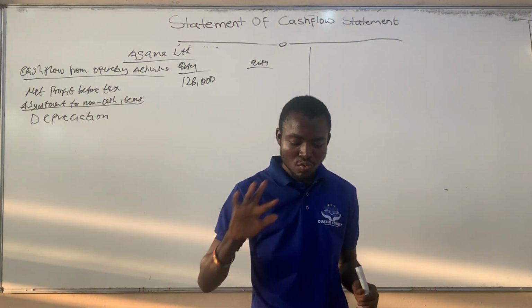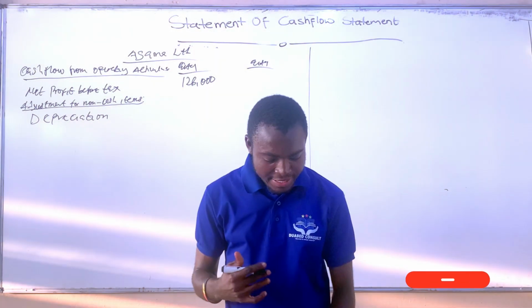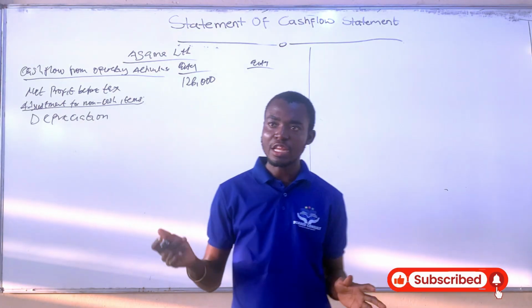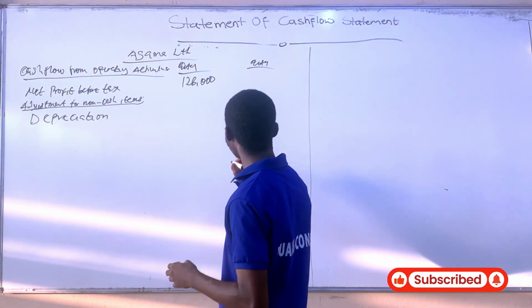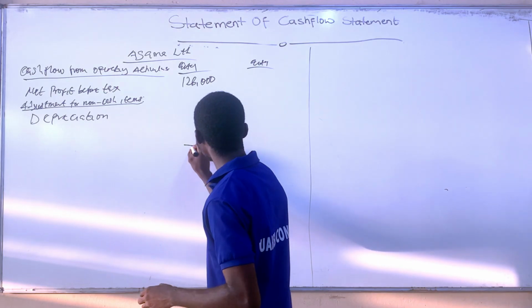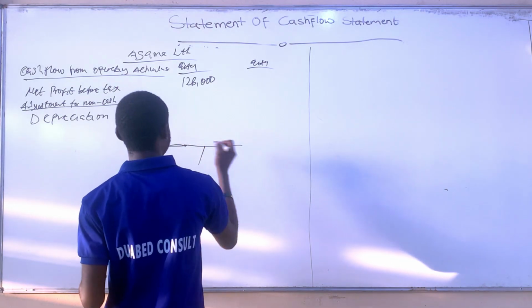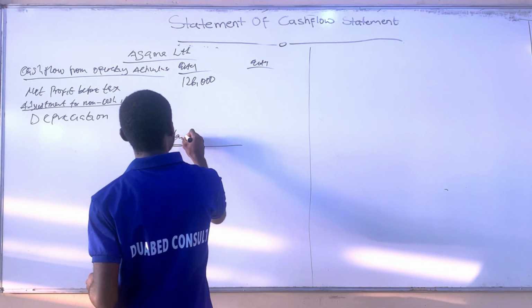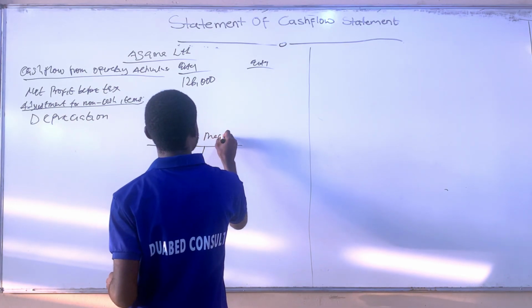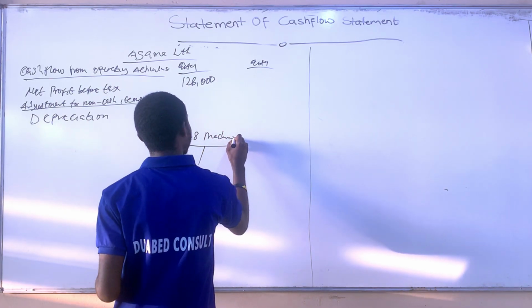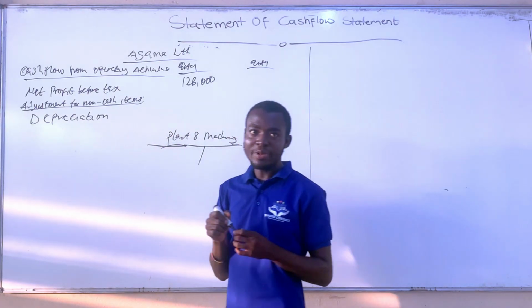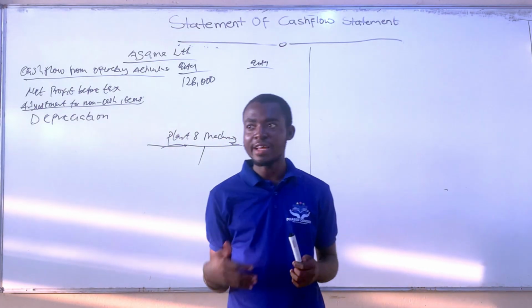And we were given two assets. That's plant and machinery, and then motor vehicle. So let us do some workings to get our depreciation charge for the year. So plant and machinery. Plant and machinery are assets, and then assets are fundamental balance.